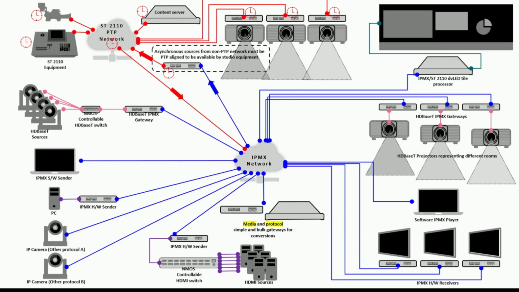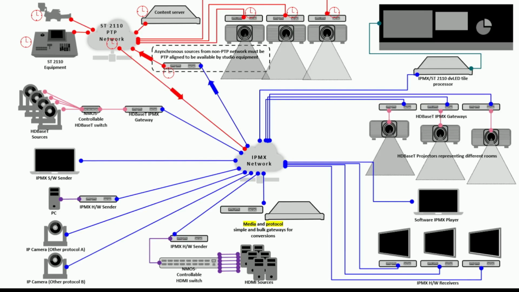Some of the gateways that already exist are the ability to convert from HDBaseT to IPMX, or IPMX to HDBaseT. That's already something that you can find on the internet. Another one that was introduced a few weeks ago is an NDI IPMX gateway, so that you can go from NDI to IPMX or IPMX to NDI.